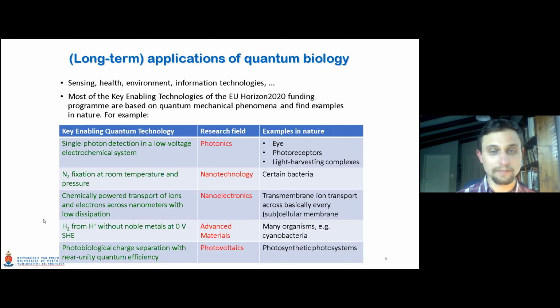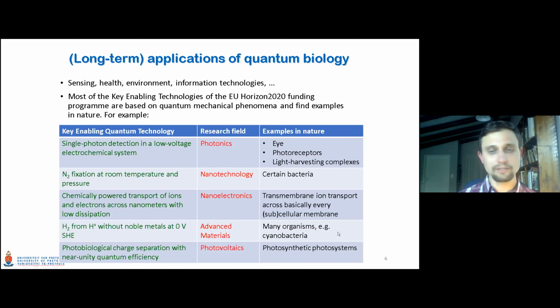All of this is chemically powered. How to produce hydrogen from protons without the use of noble metals and at 0 volts standard hydrogen electrode. Well, we can't do this yet. We really want to do this to promote the so-called hydrogen economy and to counter global warming. But many organisms do this.